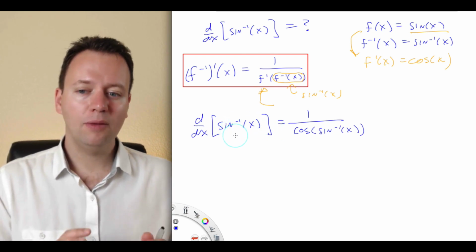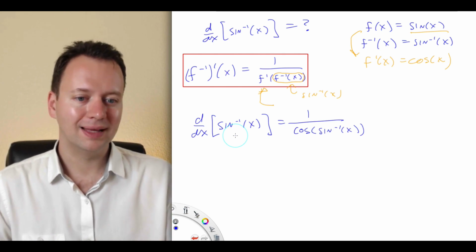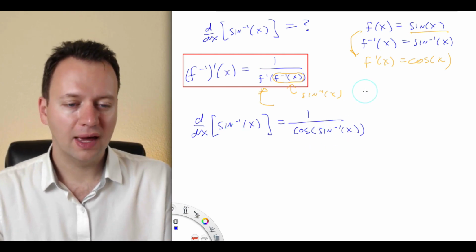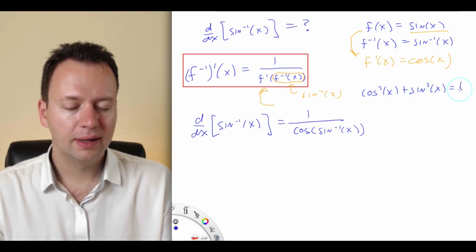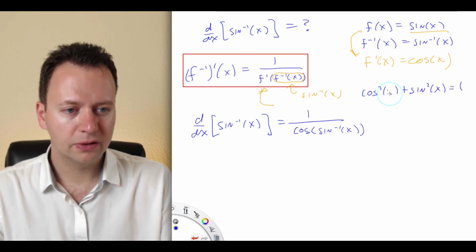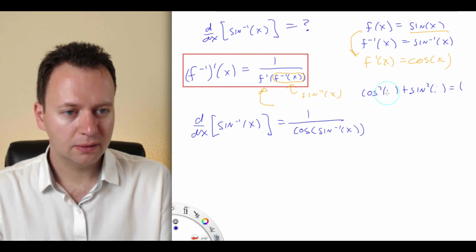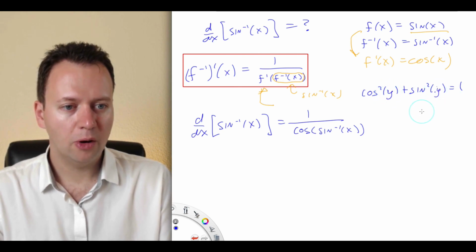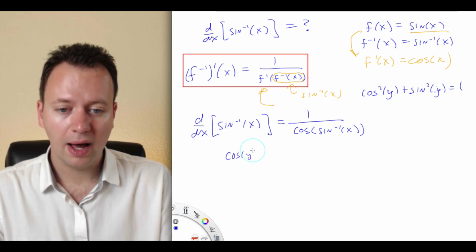But it doesn't end there because there's a nice algebraic simplification we can do with the right-hand side that derives from the identity cosine squared plus sine squared is equal to 1. And in fact, let me call this cosine squared of y plus sine squared of y for a reason that will be apparent in a moment. So therefore, we can express cosine of y.